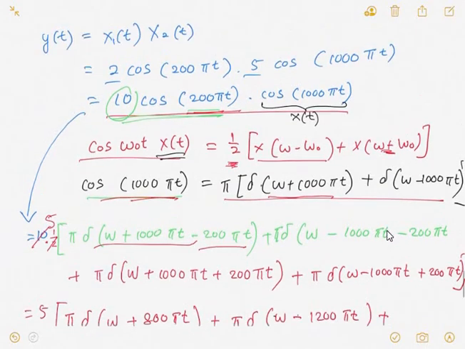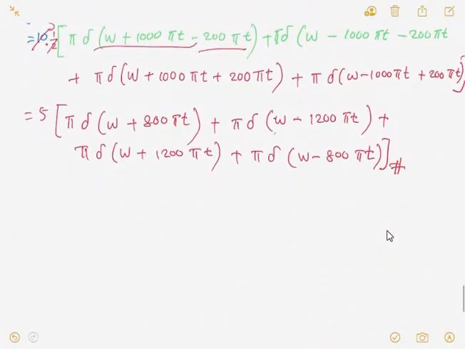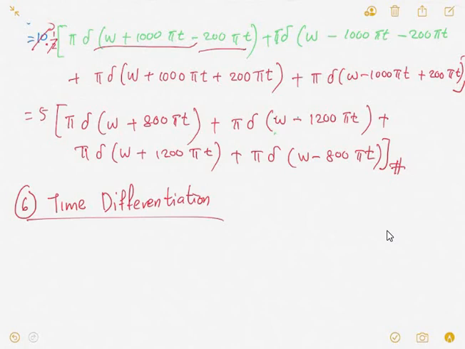Alright, if you have no questions from here, we can proceed to the next, that is the time differentiation property. Here is the property: the Fourier transform of d over dt x(t) equals j omega X(omega).